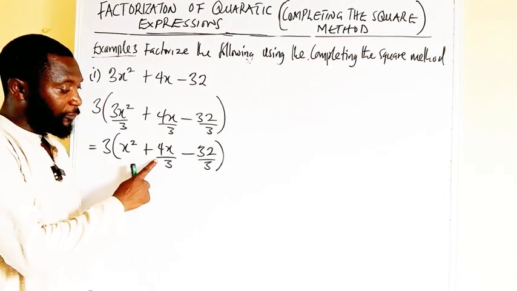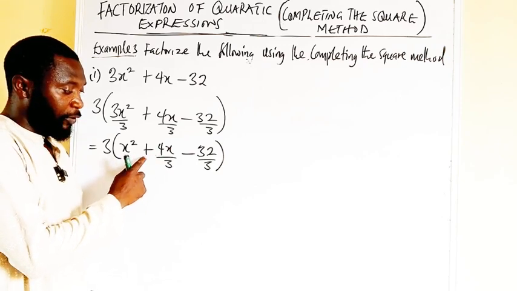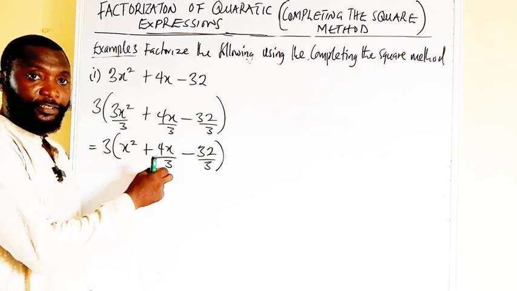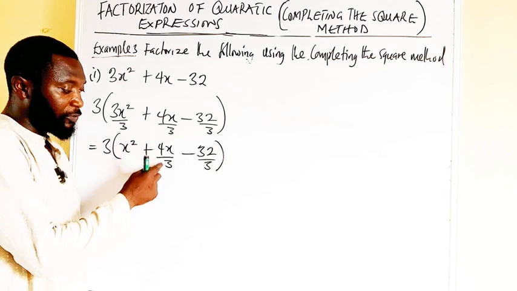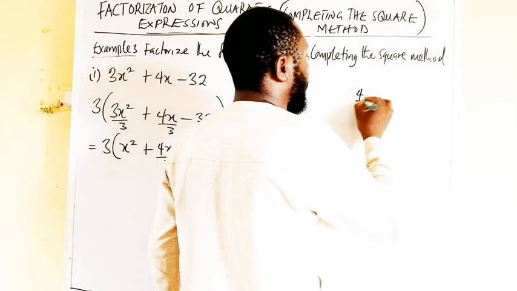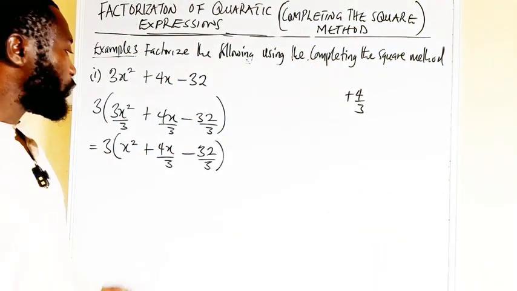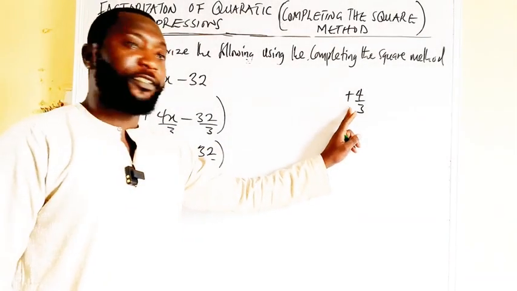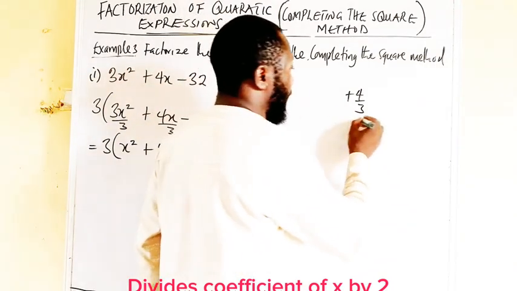Here we have positive 4 over 3. That is plus 4 over 3. So the coefficient of x here is plus 4 over 3, which is positive. Now, what you need to do to this coefficient of x, you divide it by 2.